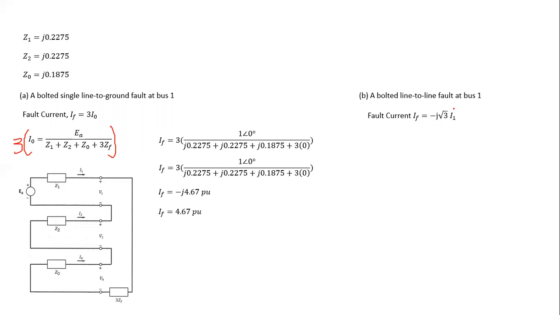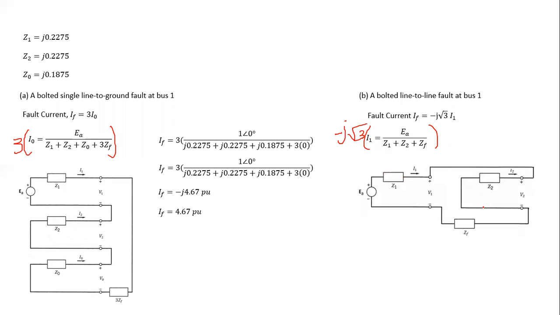Negative j square root of 3 multiplied by the positive sequence current. And this is the expression for the positive sequence current. So we multiply this by negative j square root of 3 to determine IF.